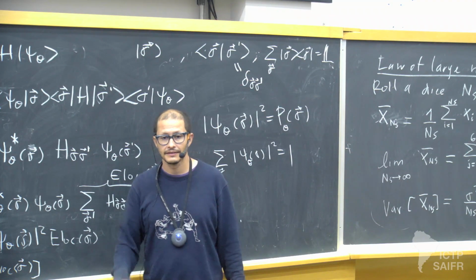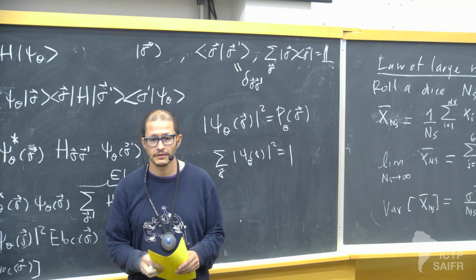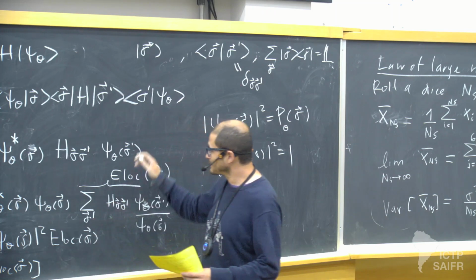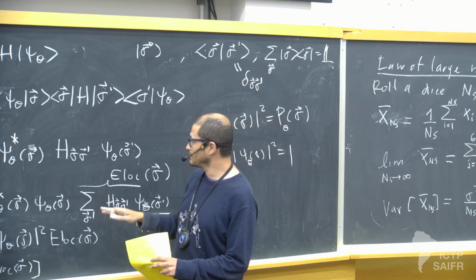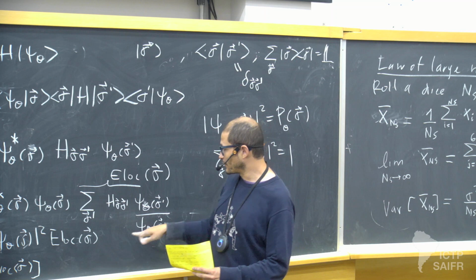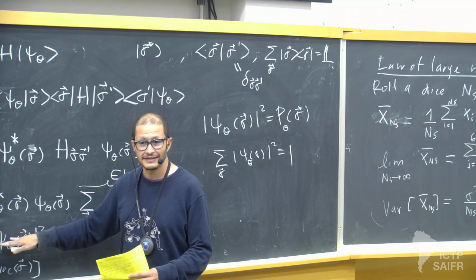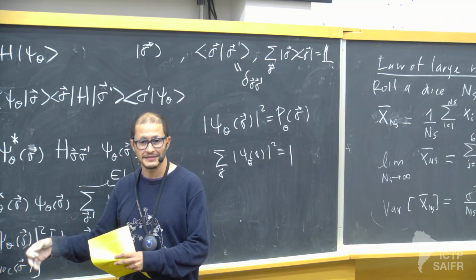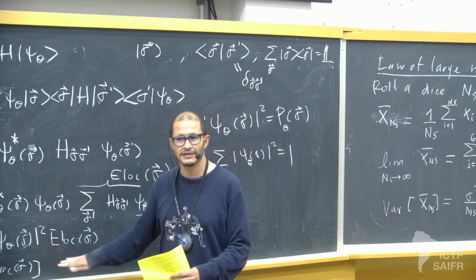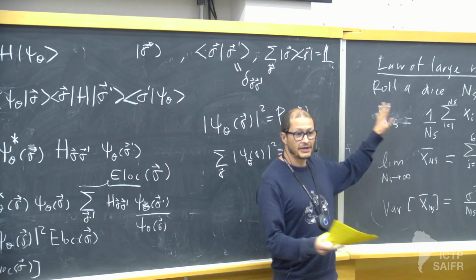Sorry, what is the local energy, and how can you be sure that dividing by the psi function is well defined? Yeah, so that's a trick that we've done. It only works if the wave function is different from 0. But when you do the sampling, if the wave function is 0, then the probability of observing that configuration is 0, and you will never see it, and you will never have trouble computing the local energy on the configurations that you see in the sampling, and the estimator is unbiased.